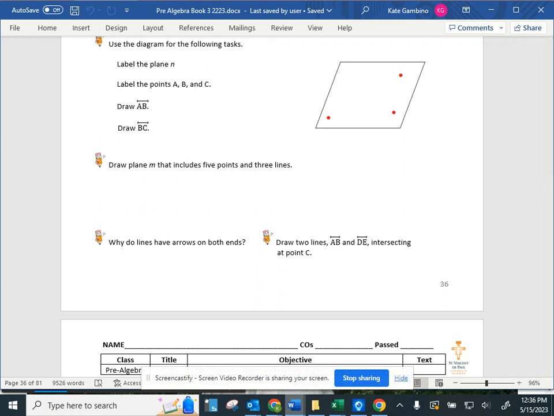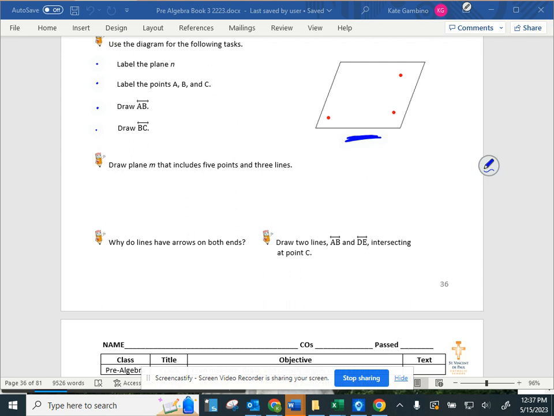So you're going to use this diagram over here to do these 4 things. You're going to label the plane lowercase n. You're gonna label the points A, B, and C. You're gonna draw a line AB and a line BC. So inside that plane, using those red points that they already put in there, those red dots, you're gonna make them points. You're gonna do that.